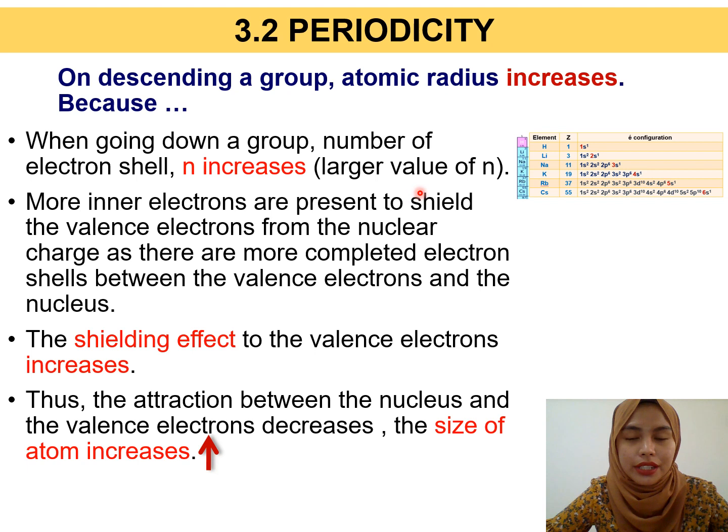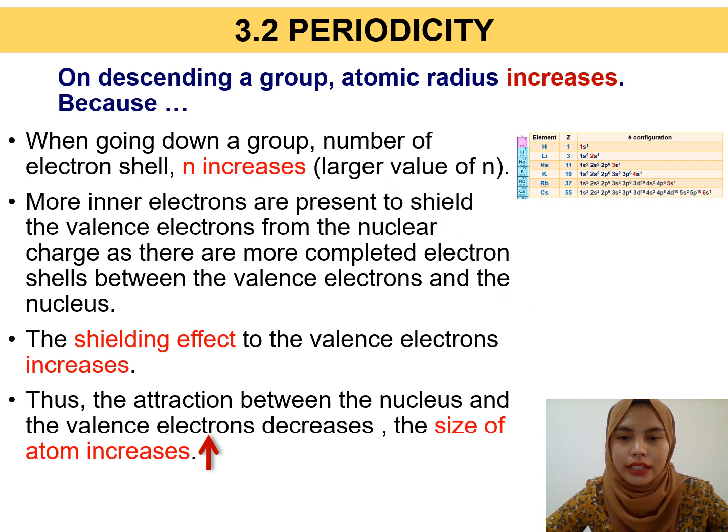You will have a larger value of n. Therefore, there are too many inner electrons that will shield and protect. Let's say this is the nucleus and this is the inner electron.